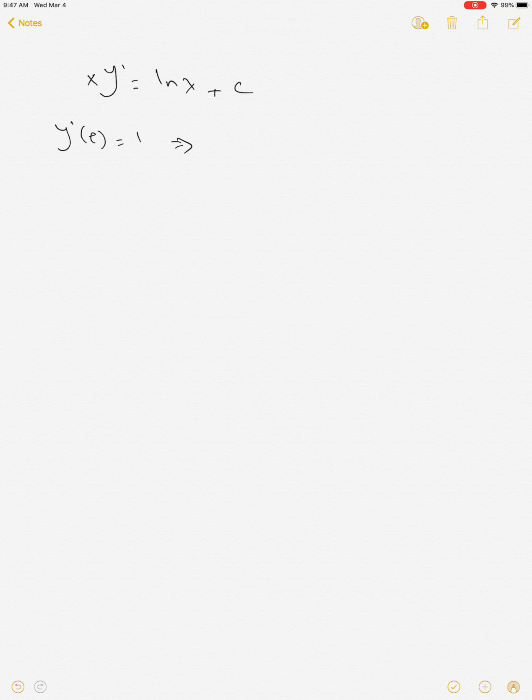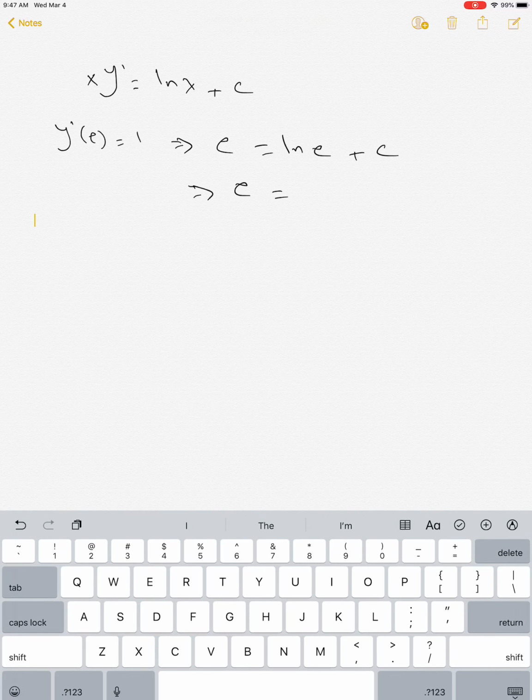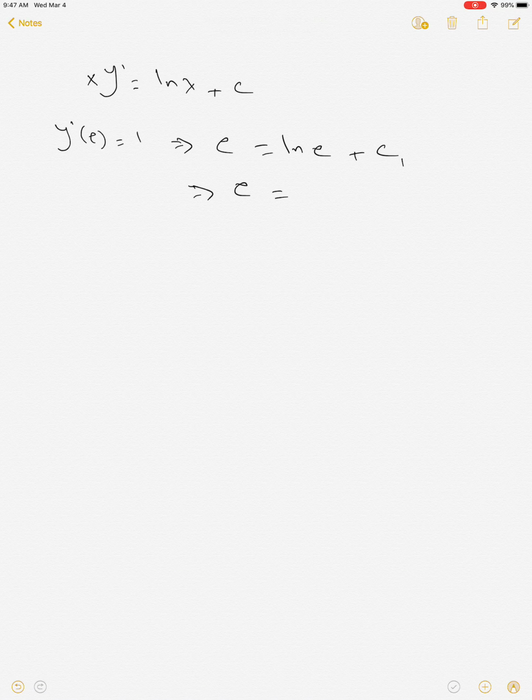This implies replace x by e, y prime by 1. So e equals ln e plus c, and this means e equals c. Let's call c as c1, because I have a couple of constants to work on. So c1 is equal to e.